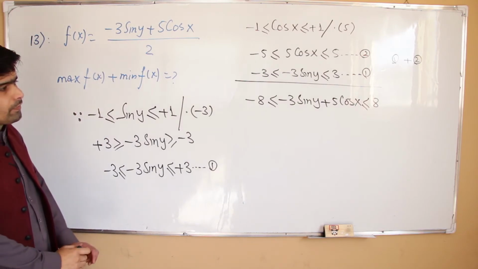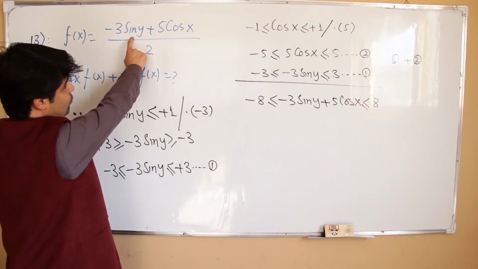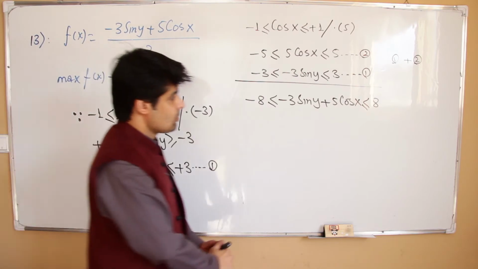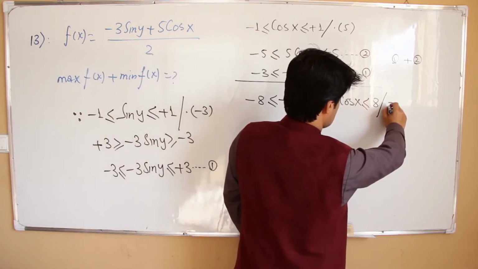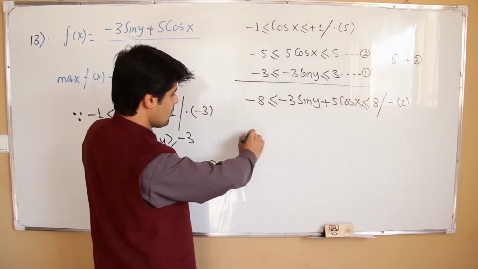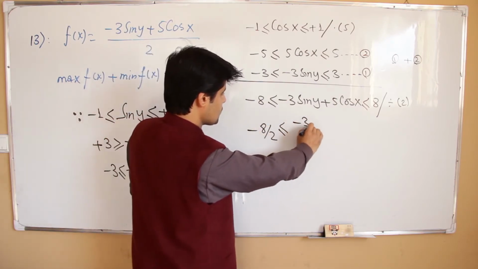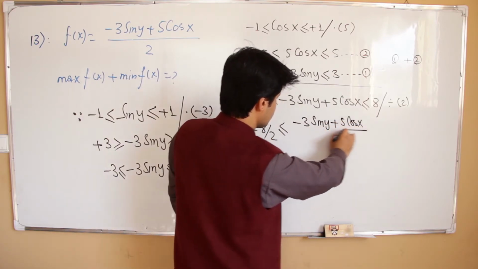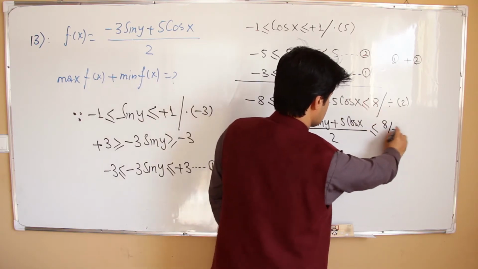Now it seems like the question, but we should have 2 as a division in both of them. So I will divide all sides by 2. What we will find is minus 8 divided by 2 smaller than (minus 3 sine y plus 5 cosine x) divided by 2, and 8 divided by 2.